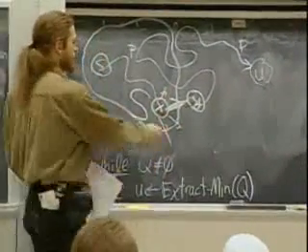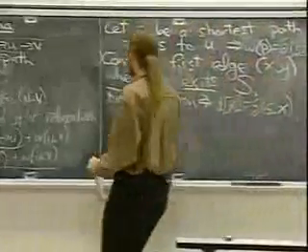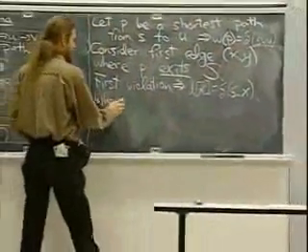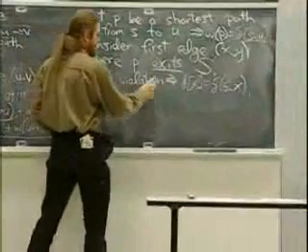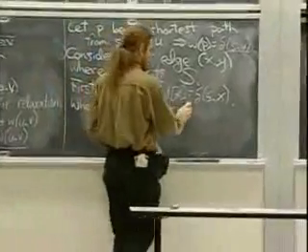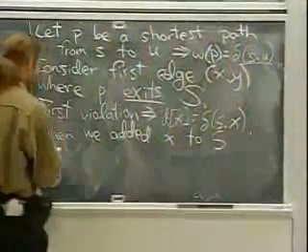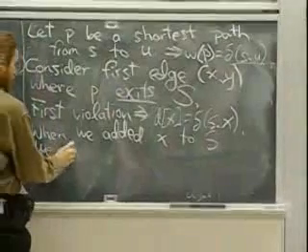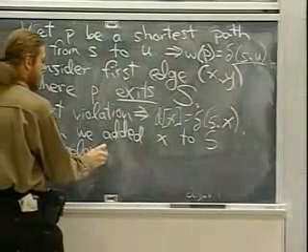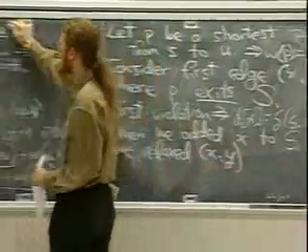Whatever they were, some of them went into S, some of them went out. Here's one of them. So when we added x to S, we relaxed the edge xy. Okay, so now we're going to use the lemma.